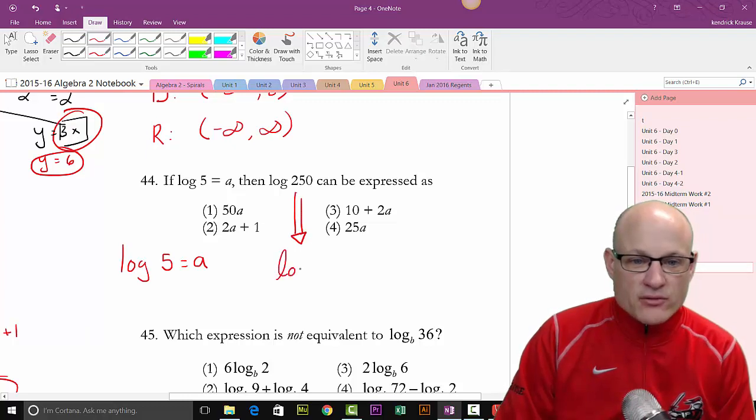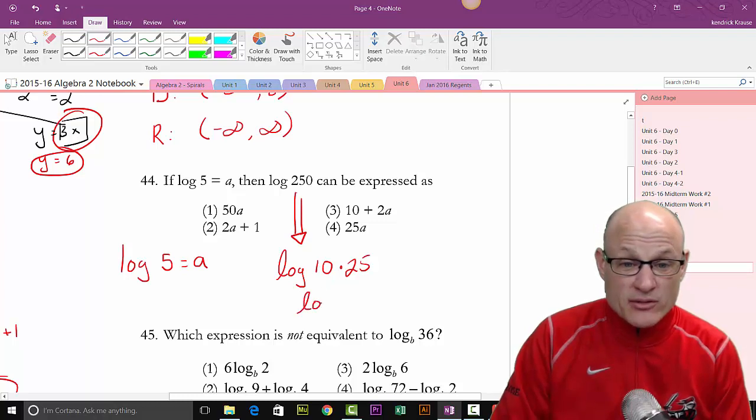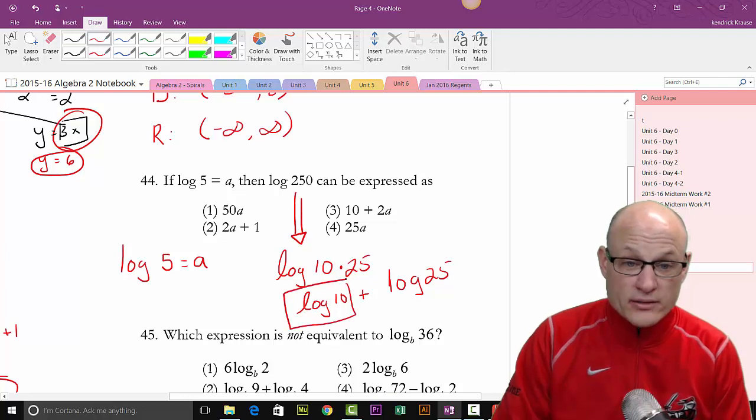This is the same as log of 10 times 25. Now I do that because I know what the log of 10 is. So this is the same as the log of 10 plus the log of 25. Now the log of 10 is just 1. So there's your answer.